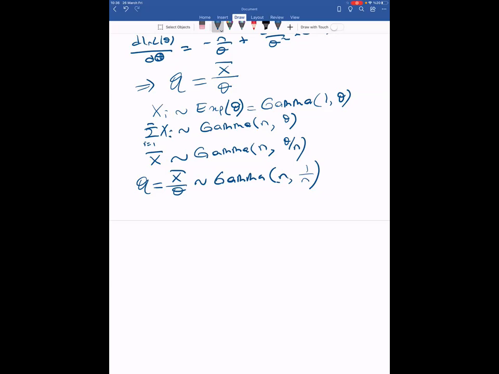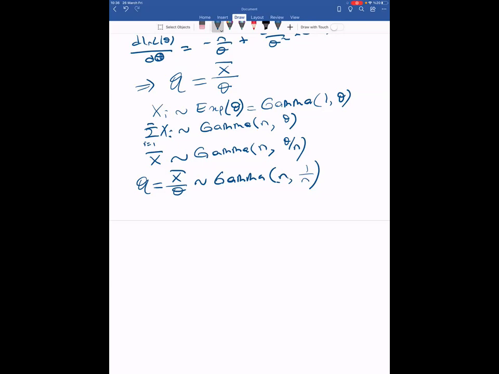Okay, so we know that the gamma distribution is closely related to the chi-square distribution, where the chi-square distribution has statistical tables. We can easily convert this pivotal quantity, and it will still be a pivotal quantity, but its distribution will be chi-square. Then anybody can get the values from the chi-square table very easily. How can we convert this Q to a chi-square distributed random variable?